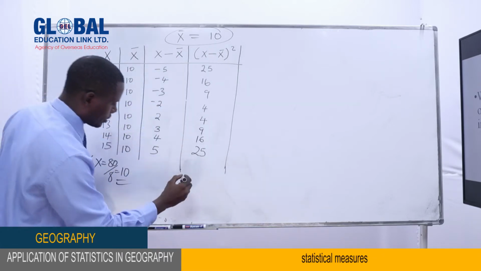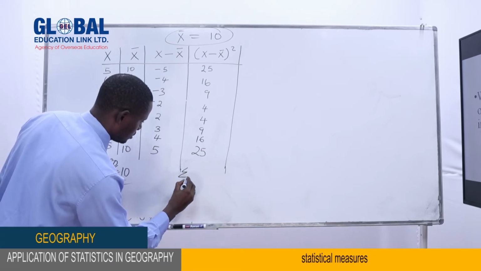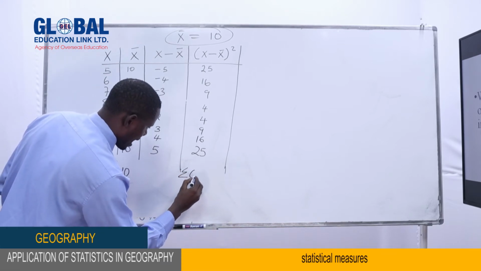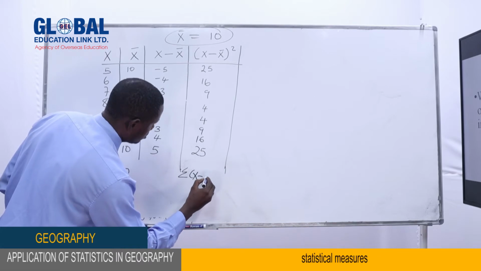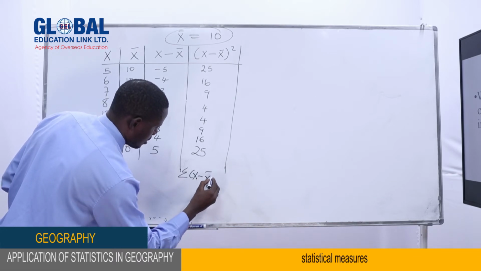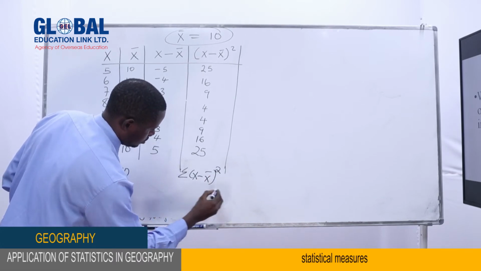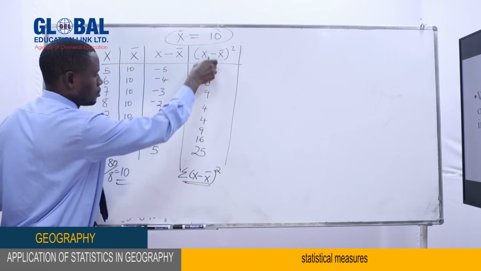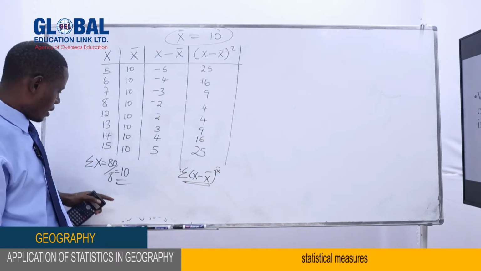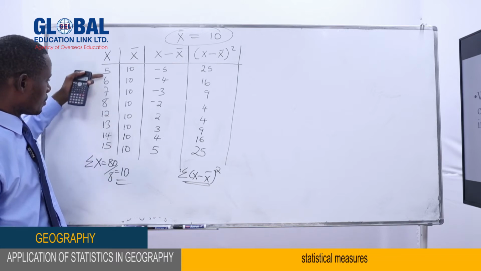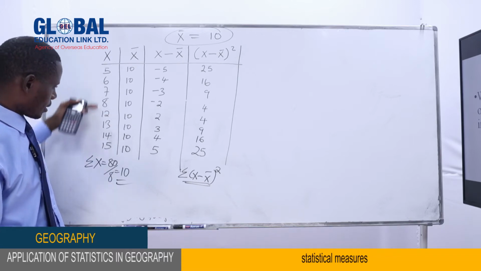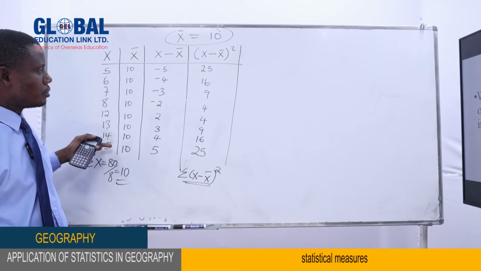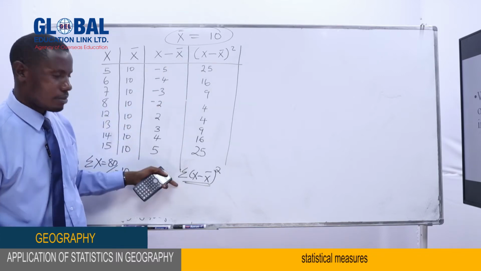We are much interested in the summation of x minus x bar squared. That's our interest for that particular column. And then we divide by n. N will be counting the number of x that we have over there. So what we do, we just find the summation of that particular column.